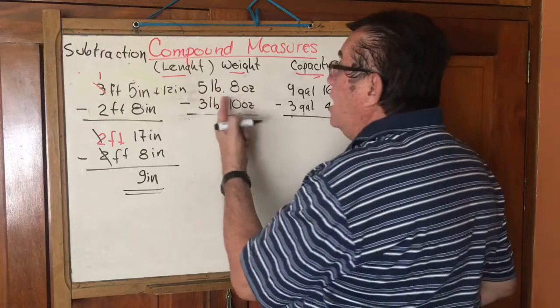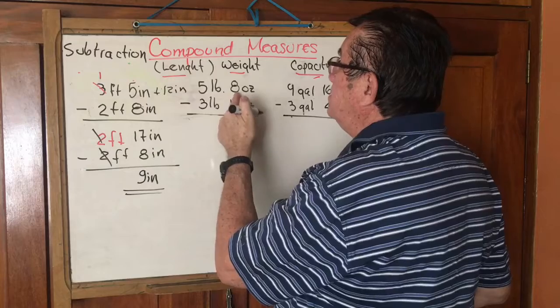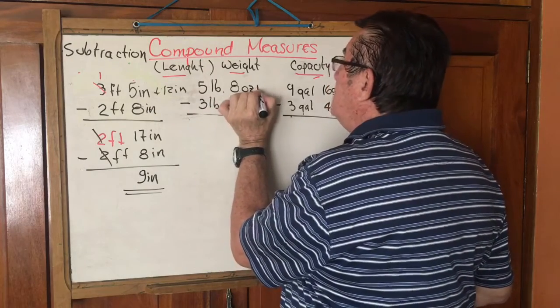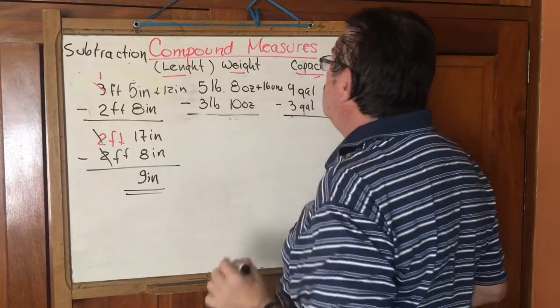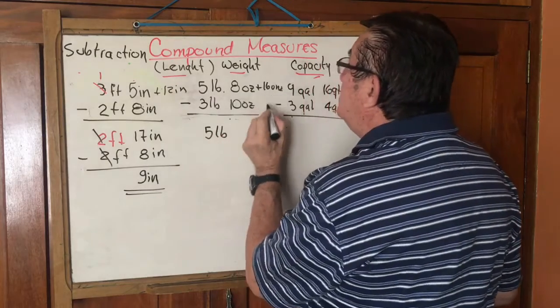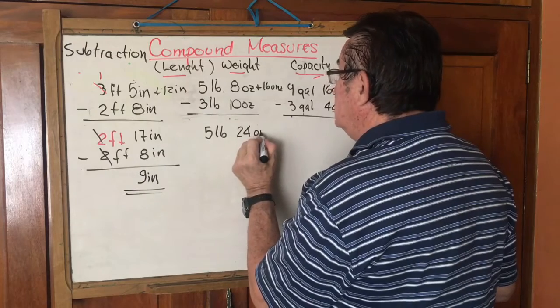In this case, the same happens. I can subtract here, but this is smaller, so I need 1 extra pound. And 1 extra pound means that I have to add 16 ounces. So that means that I will have 5 pounds and 24 ounces.